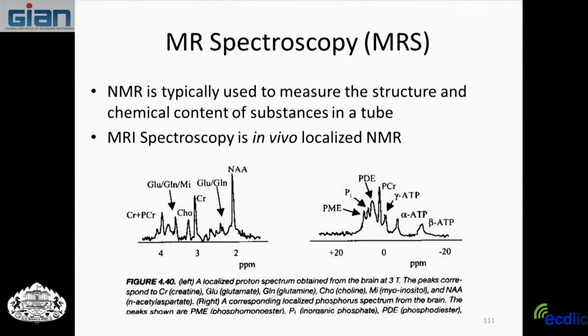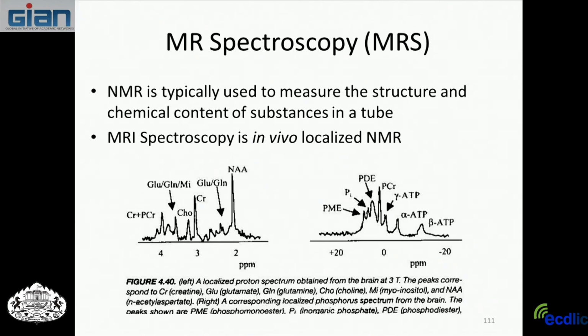Okay, so NMR is basically spectroscopy, and MR, as you saw, comes from this field. What someone might use spectroscopy for is to measure different chemical contents of a single piece of tissue. This is what the chemists do with nuclear resonance.